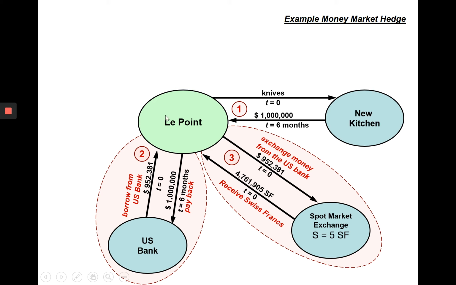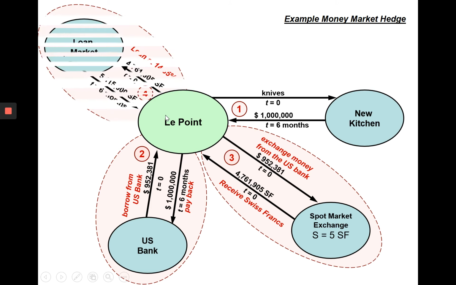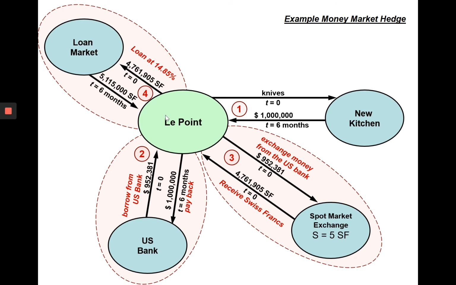We received the Swiss francs, and to see how much money we would have in 6 months, we invested the 4,761,905 at a 14.85% rate, which gives us 5,115,000 Swiss francs after 6 months.